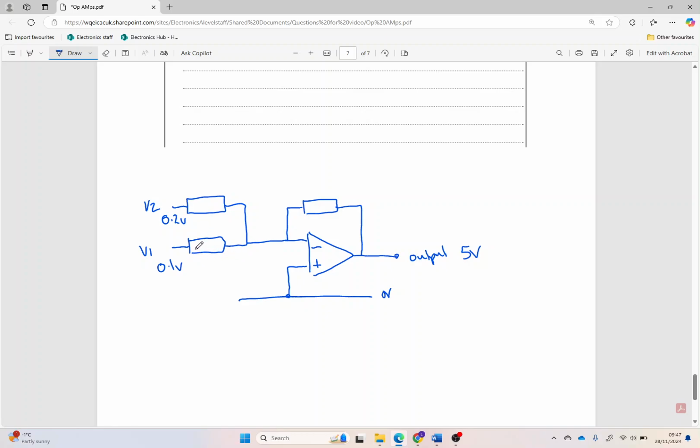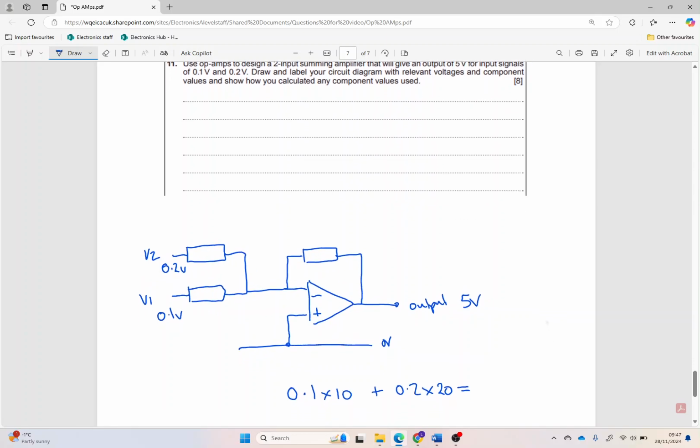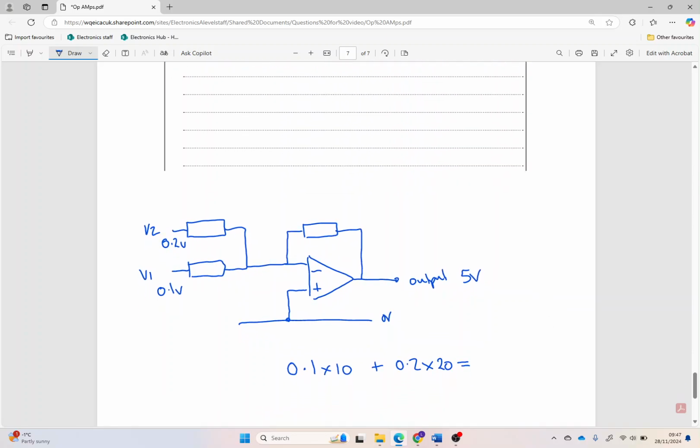So instantly I saw, and there are probably several ways of doing it, that if I take V1 and multiply it by 10, and then add that to V2 multiplied by 20, so 10 times 0.1 equals 1 volt, 20 times 0.2 equals 4 volts, that will actually give me minus 5 volts out, won't it?